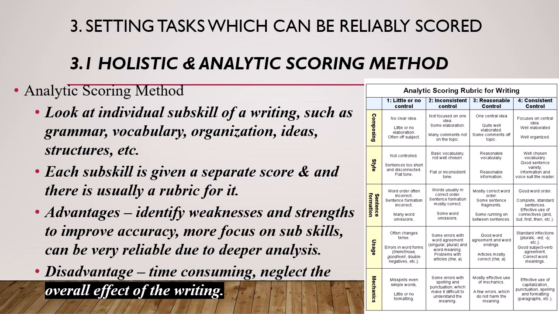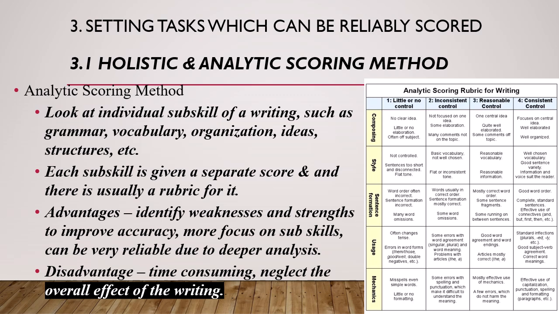You know that you get a 7, but you don't know how many mistakes you made with your grammar, vocabulary, or whatever. You don't know exactly because there isn't a really detailed breakdown of how your writing is judged, but rather their impression, right? Okay, so that is what makes the analytic scoring method seem to be more reliable in a certain way, because we analyze the writing in detail.